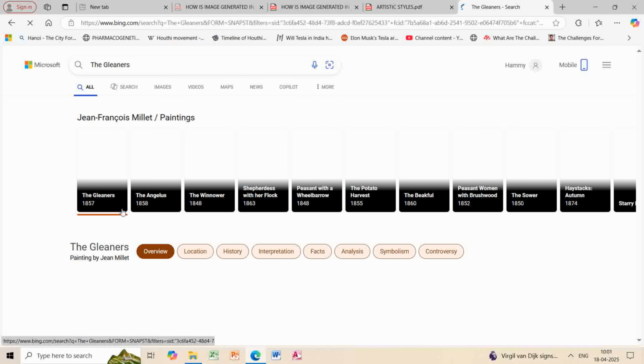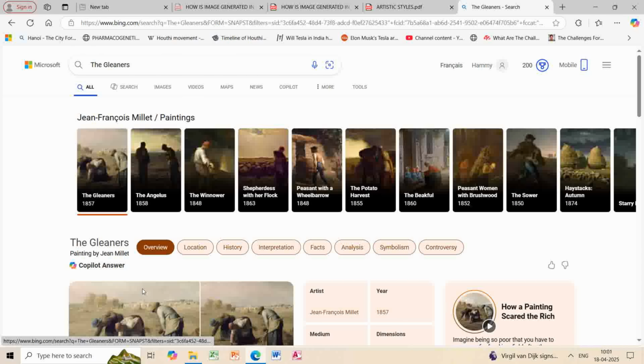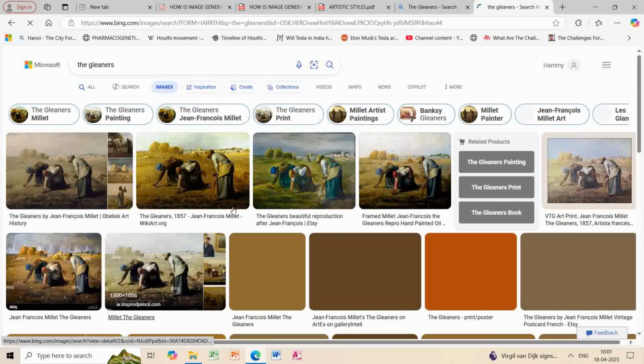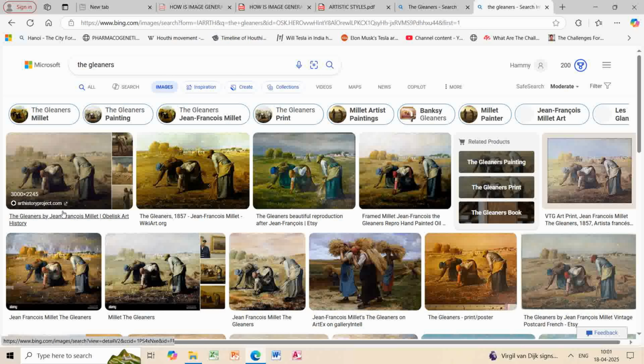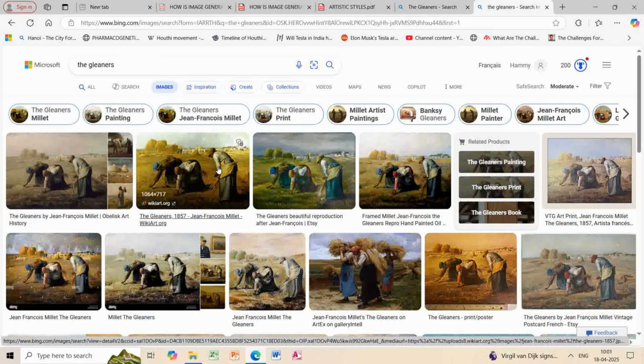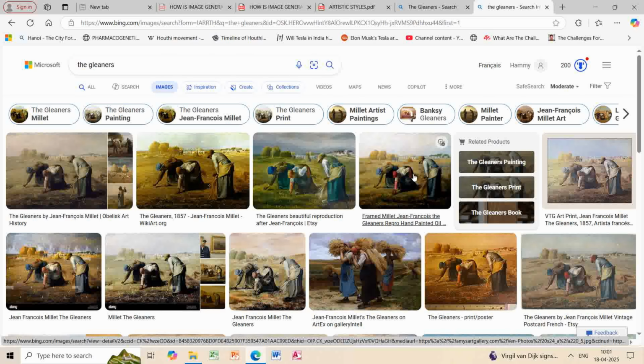This is the painting he's talking about, and this is related to realism. You can see here the people are doing farming, and this is one of the everyday tasks that a lot of people do.